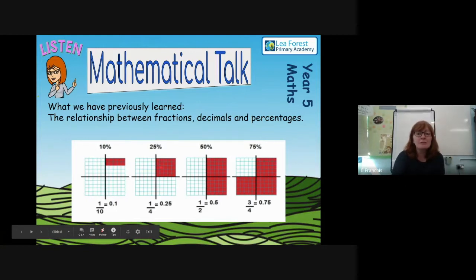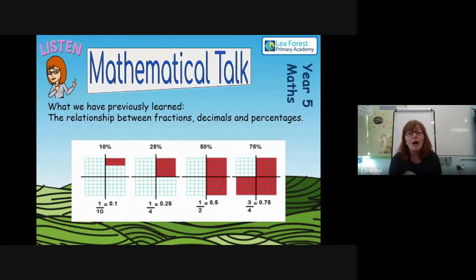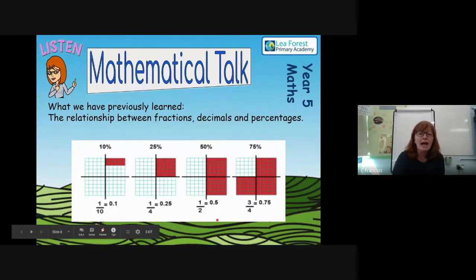Here, 50 of our squares out of the 100 are shaded, so we now have half of our 100 squares shaded, and as a decimal, that is written as 0.5.